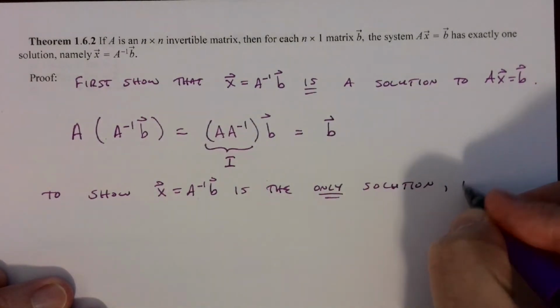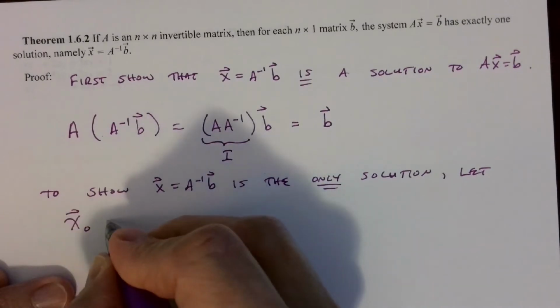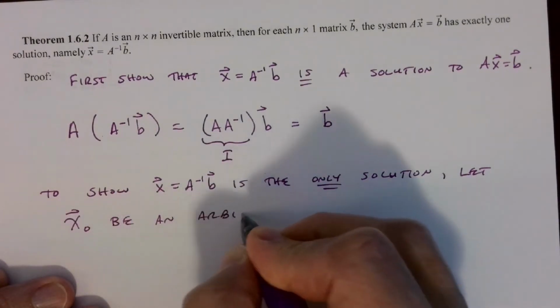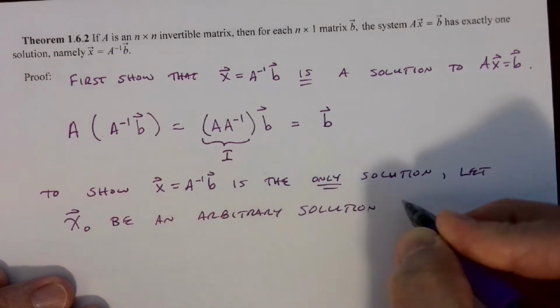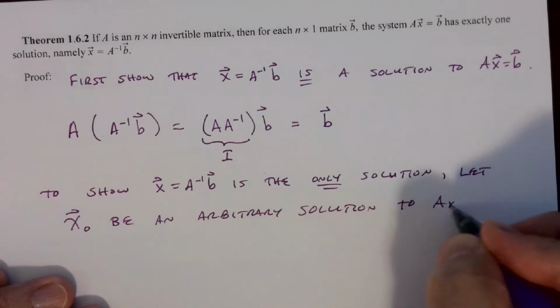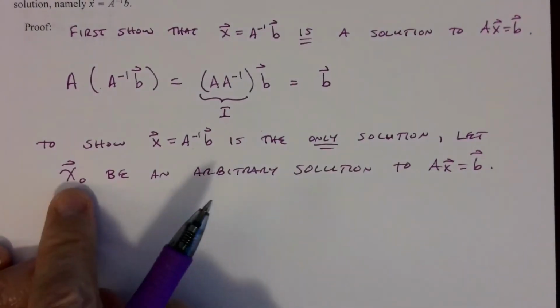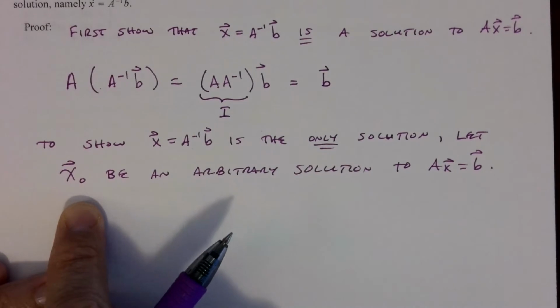So let's let x sub 0 be an arbitrary solution to AX equal B. Let it be an arbitrary solution, so just any solution. We know we have at least one, right? We've proved we have at least one, so let this be an arbitrary one.